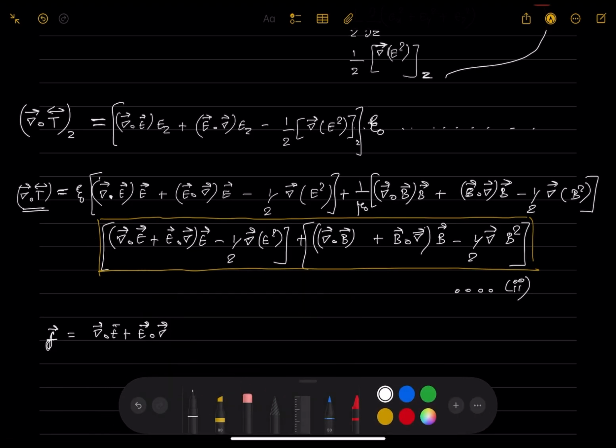Anyway, okay, let me find some space for the epsilon naught, and let me also find some space for the 1 over permeability term.